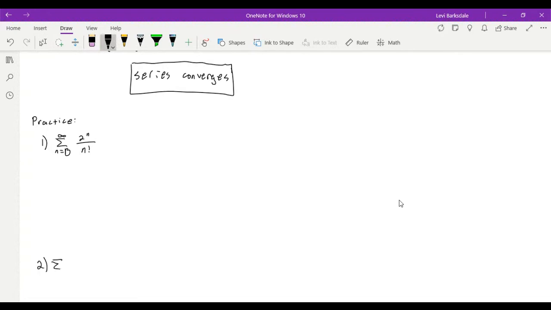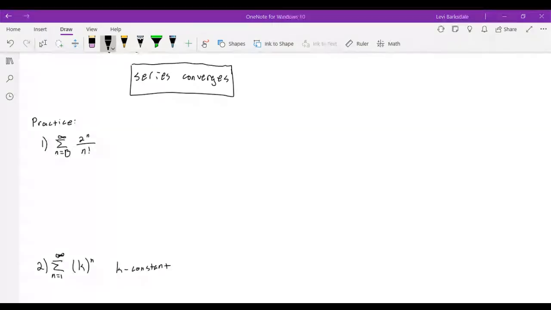The second one, say the sum from 1 to infinity of some number k, where k is a constant. And that means your answer will be based off of k in the end. I'll give you a couple of minutes to work on that.